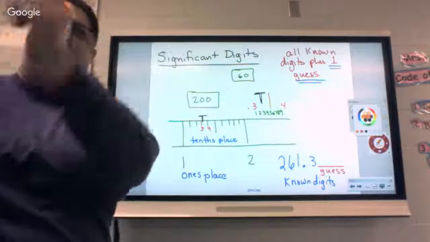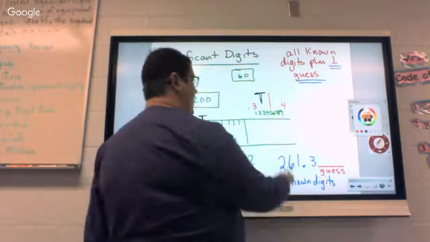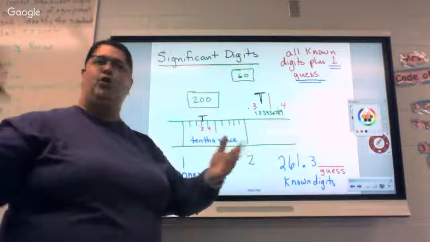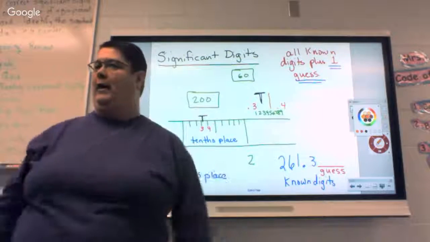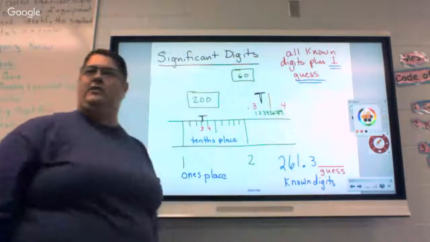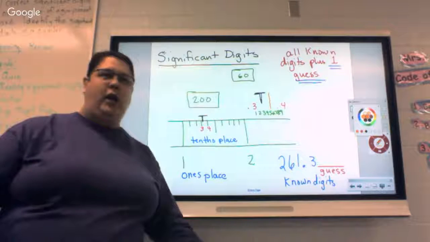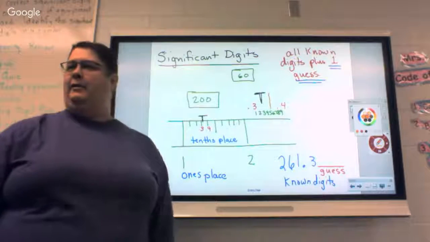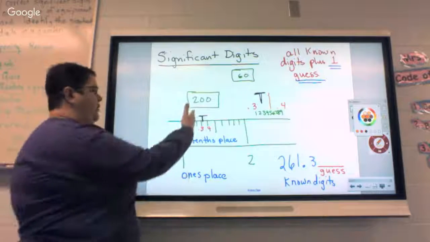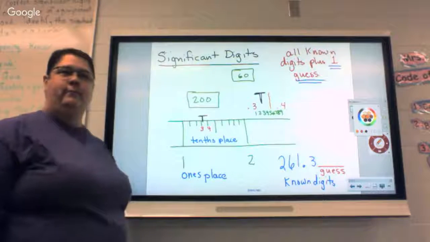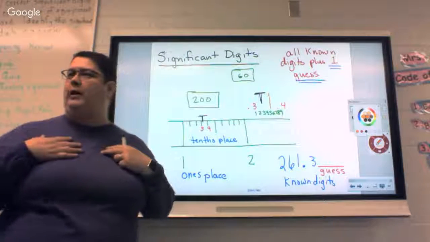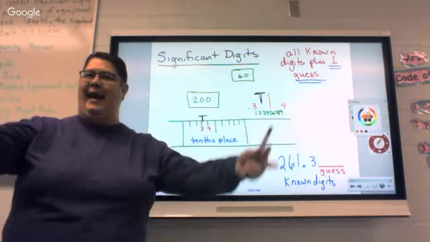If it's greater than halfway, I would give it a guess of 6, 7, 8, or 9, depending on how far you believe it is greater than halfway. If it's almost touching the 0.4, I would probably give it a 9. Pretty close to the 0.4, maybe an 8. Not so much, maybe a 6 or a 7. But we can tell that arrow is closer to the 0.3. How close you think it is to the 0.3 is your guess.